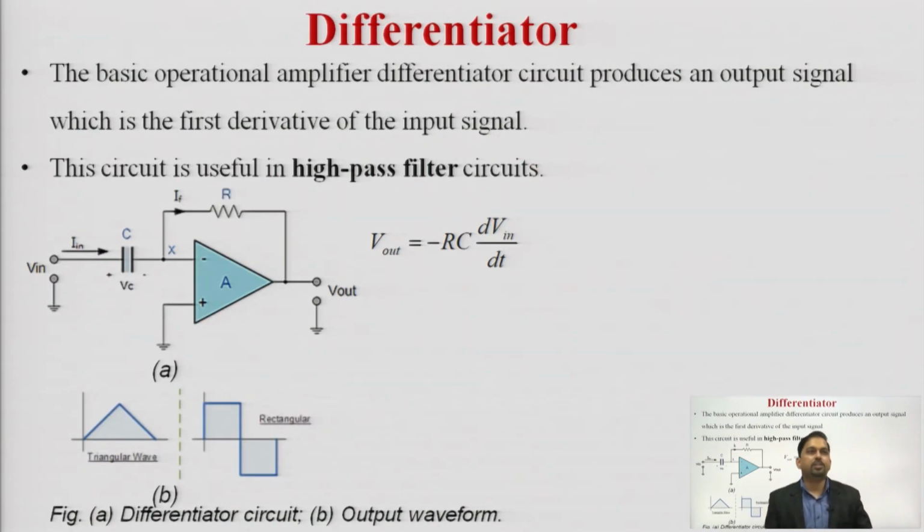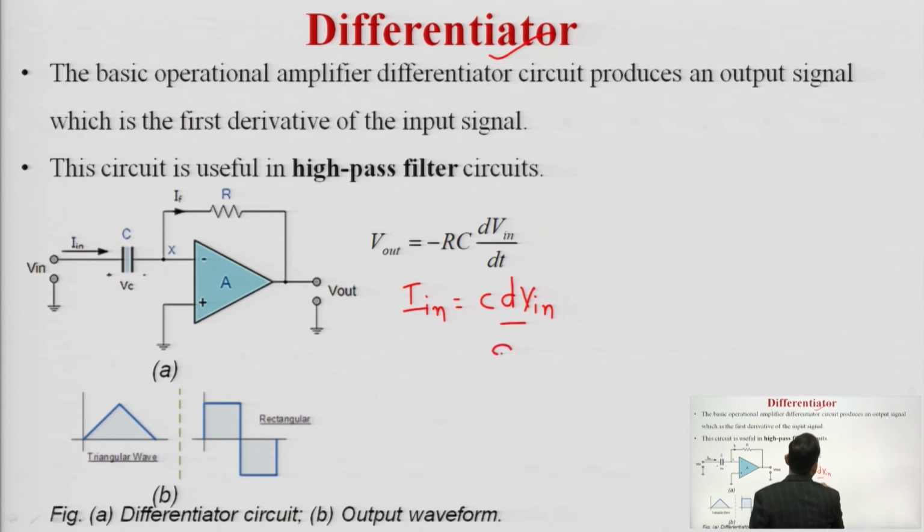Now we have the differentiator. How can we achieve this differentiator? If we change the location of the capacitor and resistor, meaning we interchange C and R (or the inductor) in the integrator, then we achieve a differentiator circuit. Again the relationship is quite the same: first, the input current I in equals C dV in by dt.